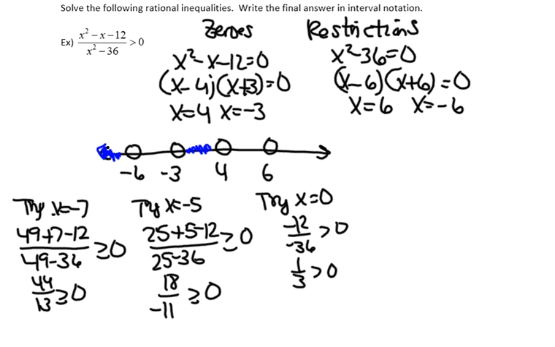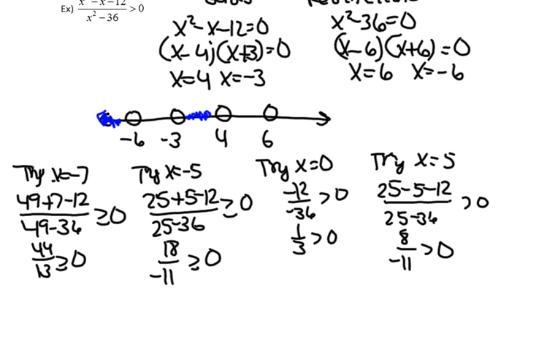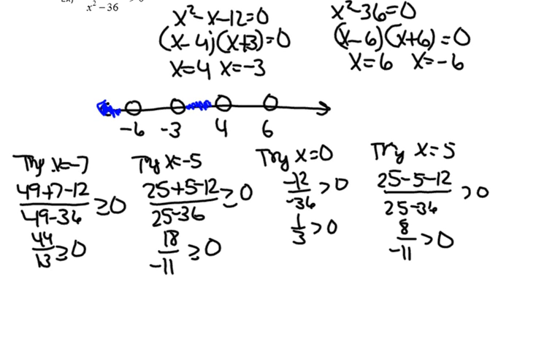Okay, fourth interval to test, between 4 and 6, let's try 5. That's what, 8 on the top, -11. That is certainly not greater than 0. Okay, the last interval, let's do 7. Okay, so plug in.